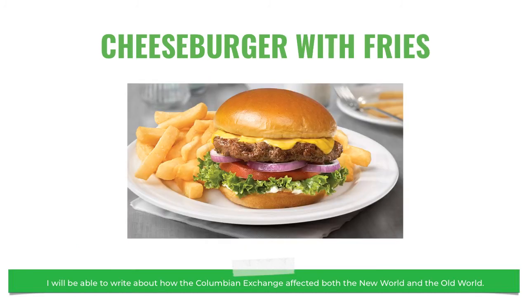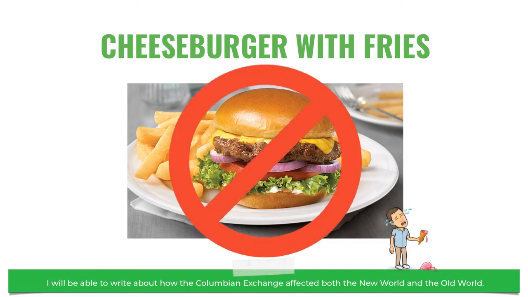What about a cheeseburger with fries? Would you have been able to have that? And of course, the answer is again no. You wouldn't have been able to have that because if you're living in the New World, in the Americas, you would not have had beef. So I guess you could have had a bun and tomatoes, and that would have been cool and probably not as delicious.